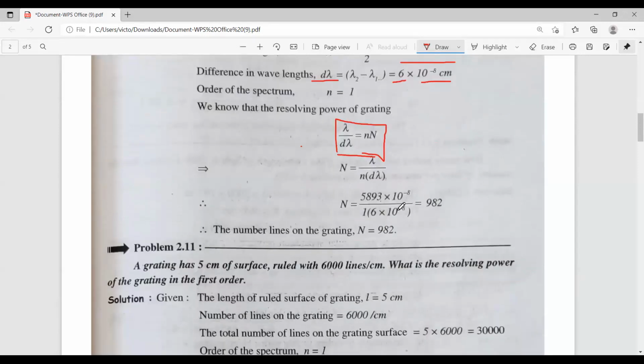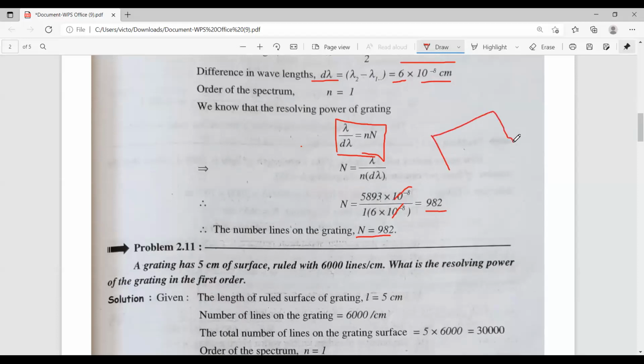Now the 10 power minus 8 and 10 power minus 8 cancel. 5893 by 6 is equal to 982. That means the grating has 982 lines.